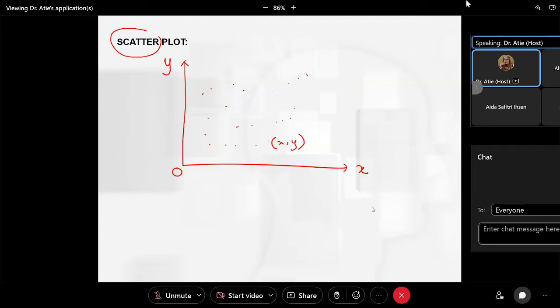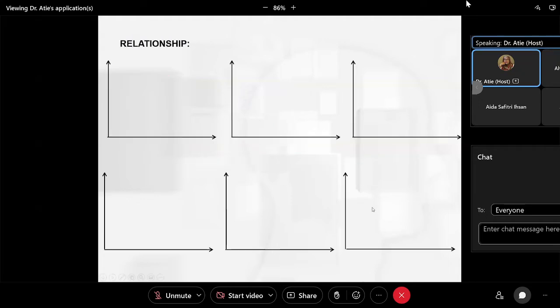Okay, so let's draw. There are a few types of relationship. So this one is on page 135. The first one, when we have something like this, this one is y, and then this one x. Okay, let me draw this one first.